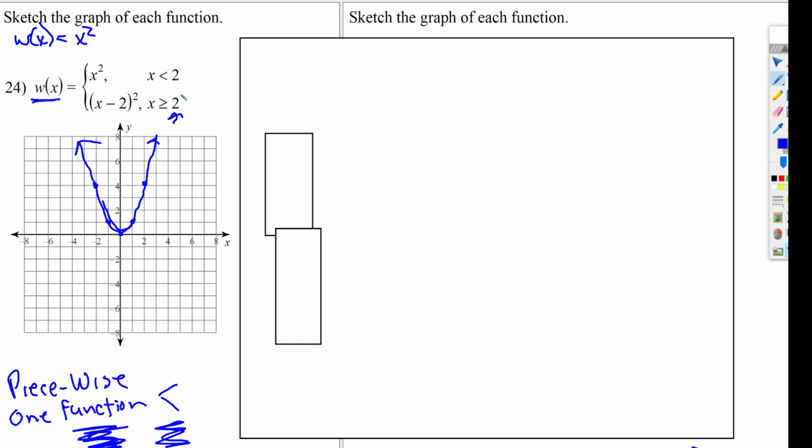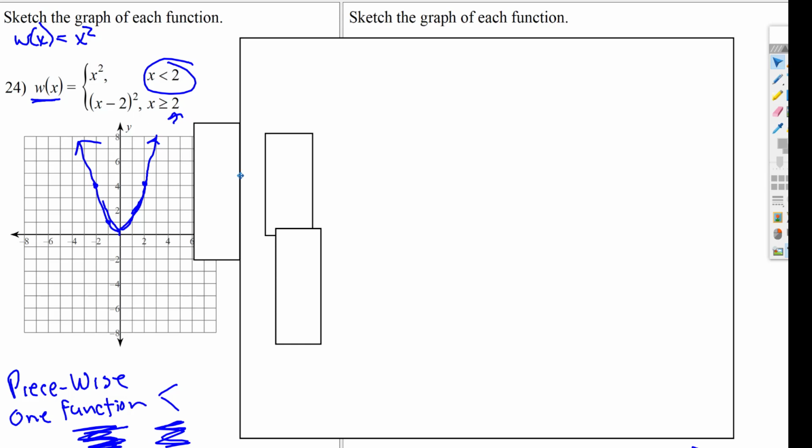That's x squared. But this says the only thing that we can look at is, whoops, dang it, I did not mean to do that. I'm going to make that eraser much smaller. So when x is 2, it's all the values less than.